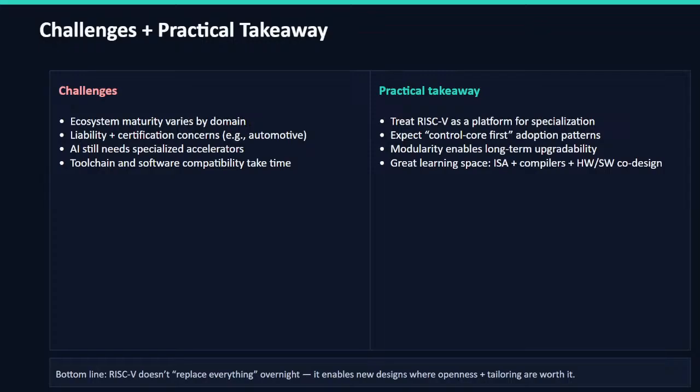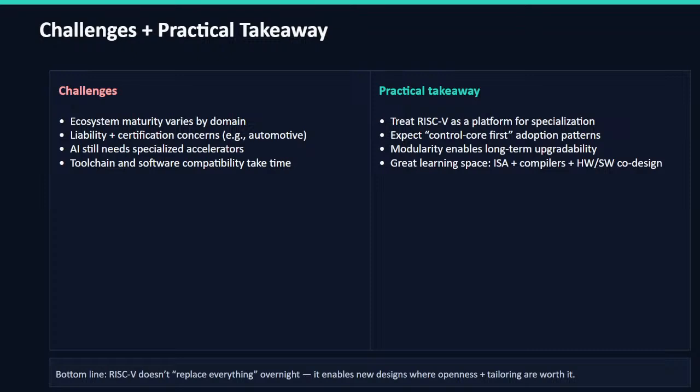To keep it realistic, there are challenges. First, ecosystem maturity varies by domain. Tooling and software stacks are stronger in some areas than others. Secondly, in industries like automation and automotive, reliability and certification are real concerns because there isn't a single vendor to blame if something fails.